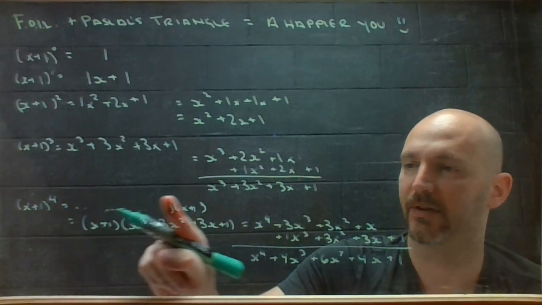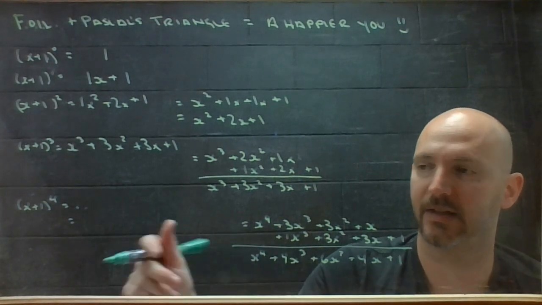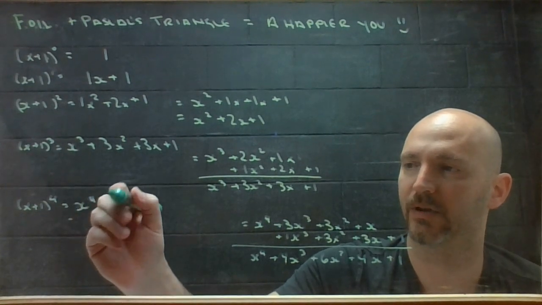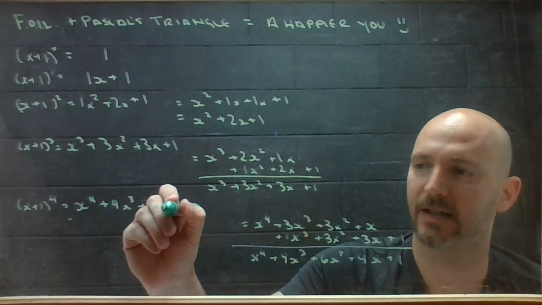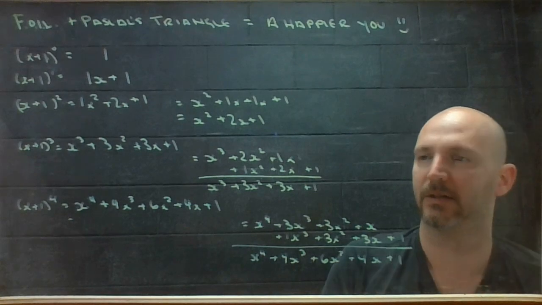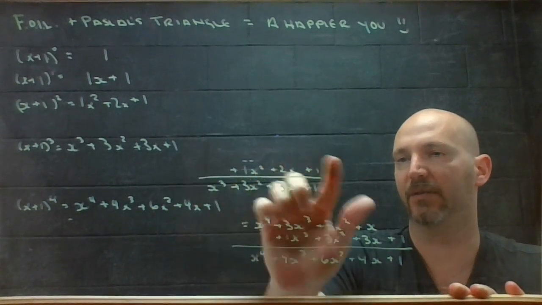And I'm going to get rid of all this work here. Put in my final answer, x to the 4 plus 4x cubed plus 6x squared plus 4x plus 1. And I'm going to clean out all this stuff so I have some space to work.